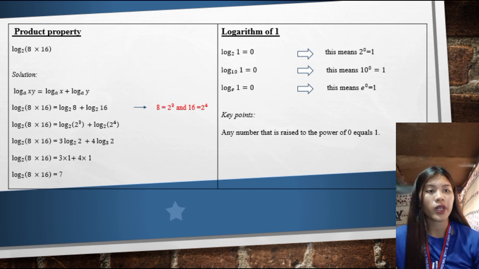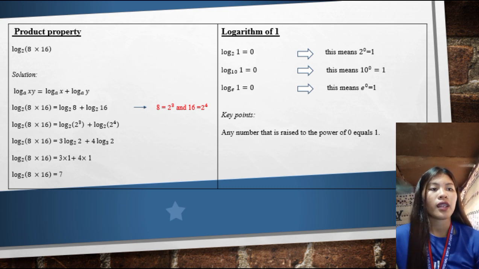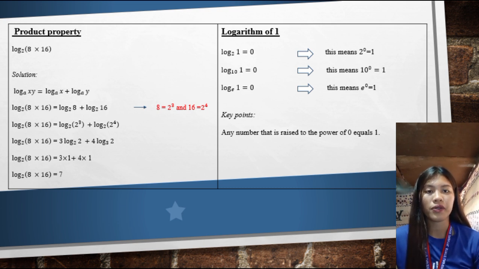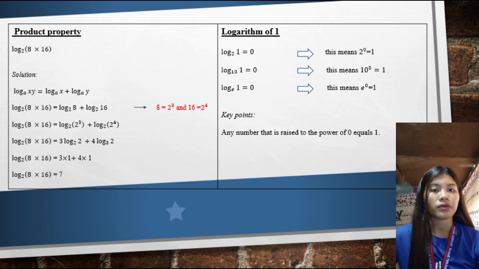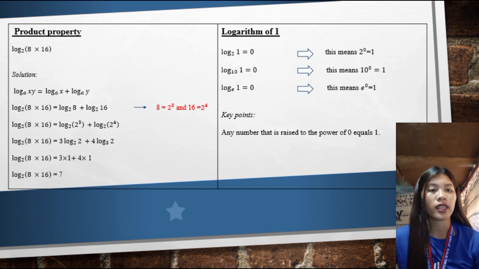So using the power property of logarithms, we have log base 2 of 8 times 16 is equal to 3 times log base 2 of 2 plus 4 times log base 2 of 2. So substituting, we have log base 2 of 8 times 16 is equal to 3 times 1 plus 4 times 1. Therefore, log base 2 of 8 times 16 is equal to 7.